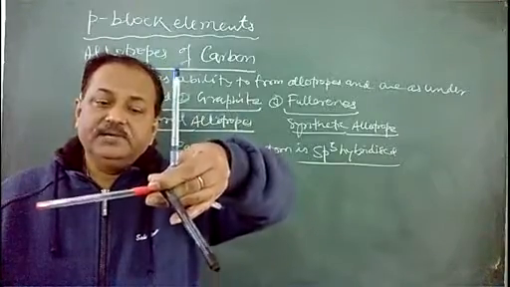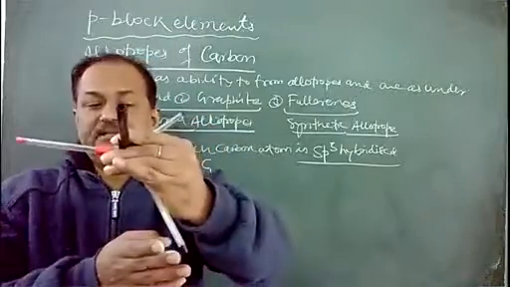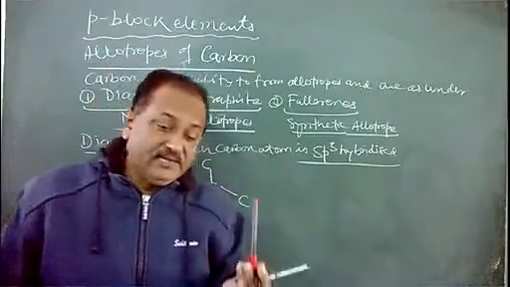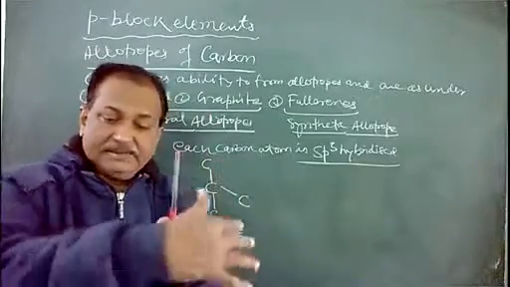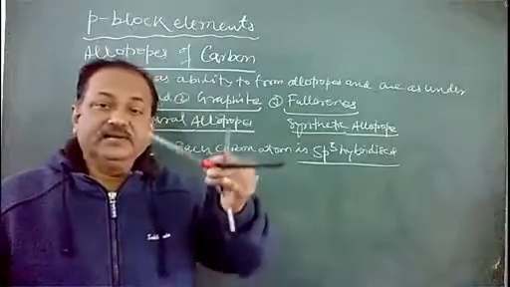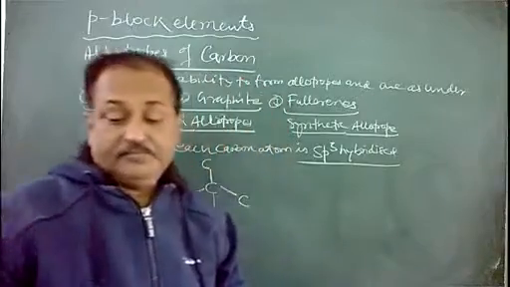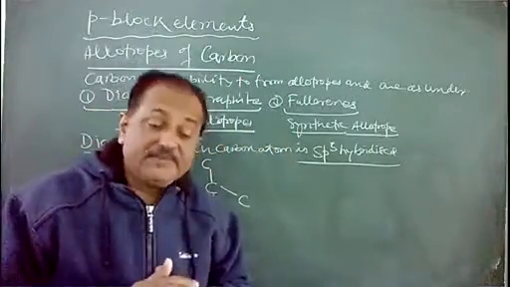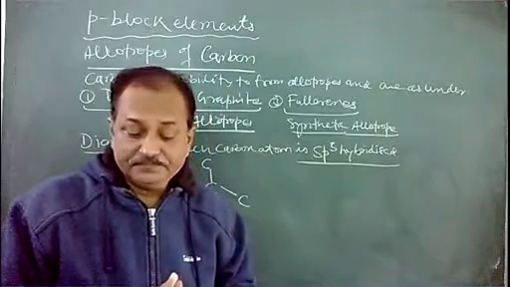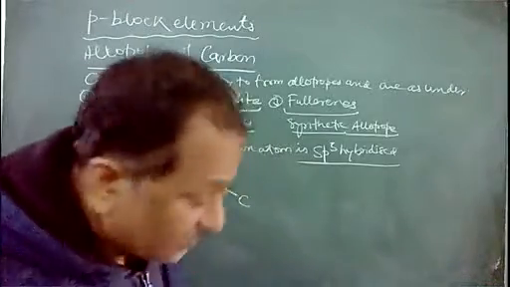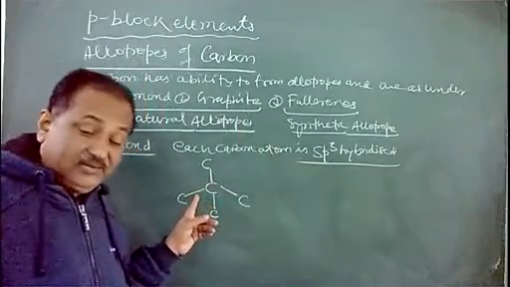If one is up, 3 are down. This type of structure is called a tetrahedral structure. All the bonds are of the same type, they are covalent. Bond lengths are similar. This is the simplest point to note.